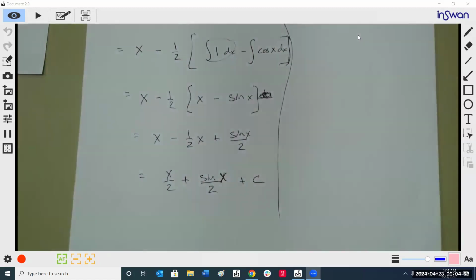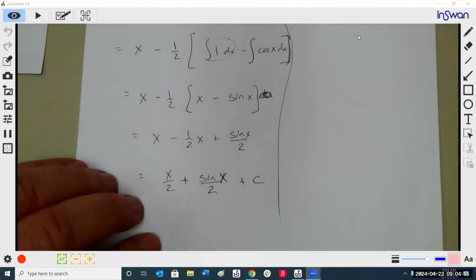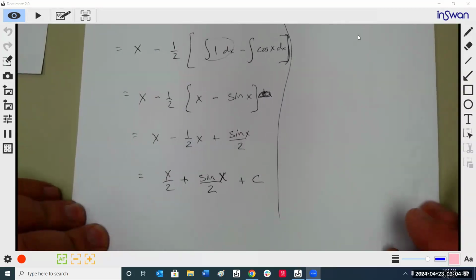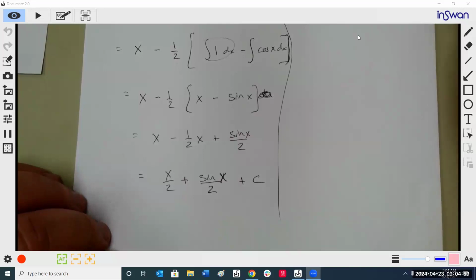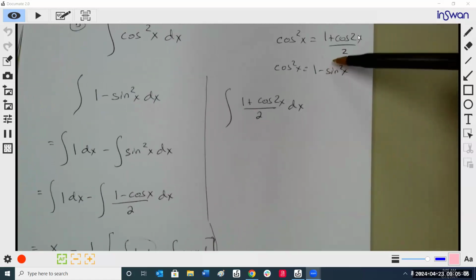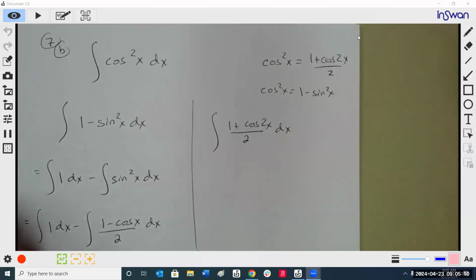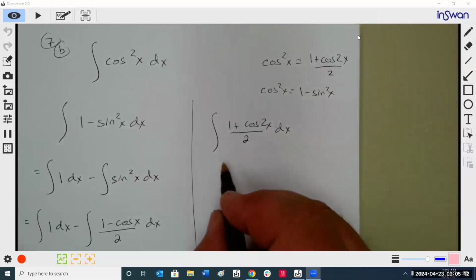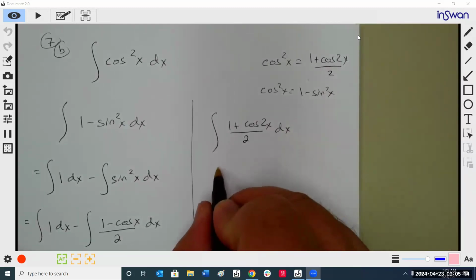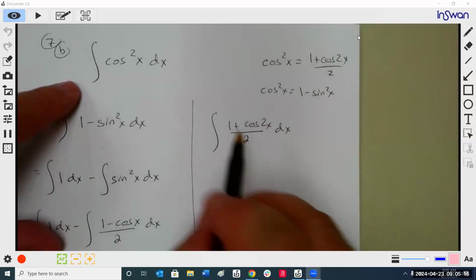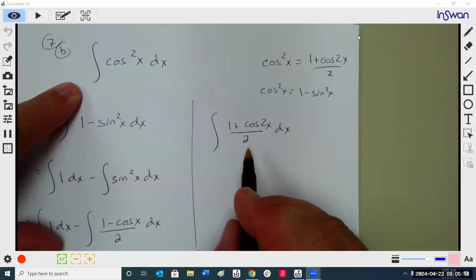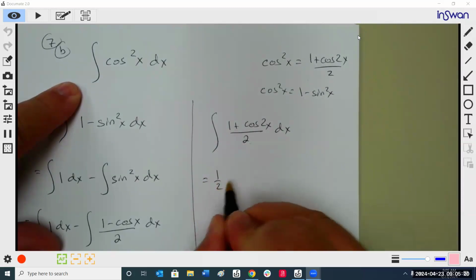Okay. Well, we could have done it this way, or we could have done it the other way, using this comparison. So cosine squared equals this. Take out the 1/2.